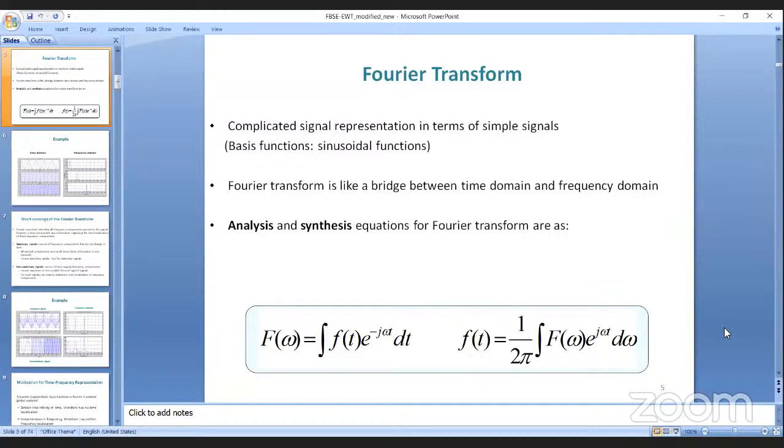So the time domain and the frequency domain are mutually exclusive. When you are in the time domain, there is no frequency domain information, and when you are in the frequency domain, there is no time domain information, because both are mutually exclusive.